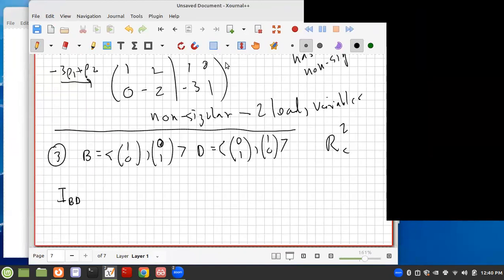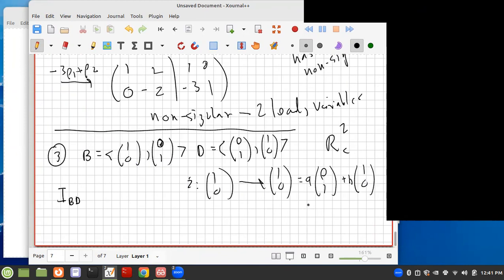Okay, so I'm going to look for the image of 1, 0, which is going to go to 1, 0 because it's the identity map. Implicitly, these are given to me in terms of the standard basis. So I have to write this as A times 0, 1 plus B times 1, 0.